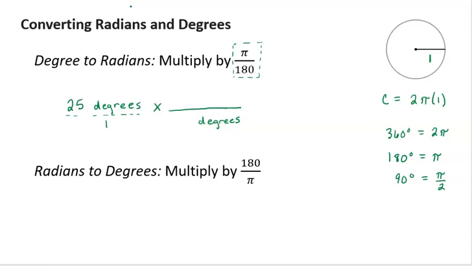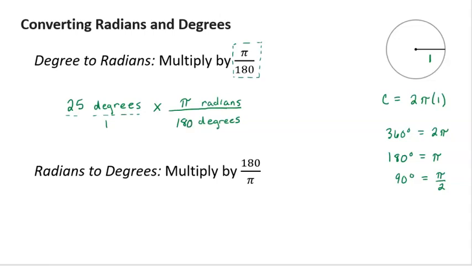Okay, and we think about 3x divided by 3, and because I have 1 in the top and in the bottom, it cancels out because it equals 1. That's kind of what we're doing here. And then we've got radians as our unit in the top, and pi radians is equal to 180 degrees.